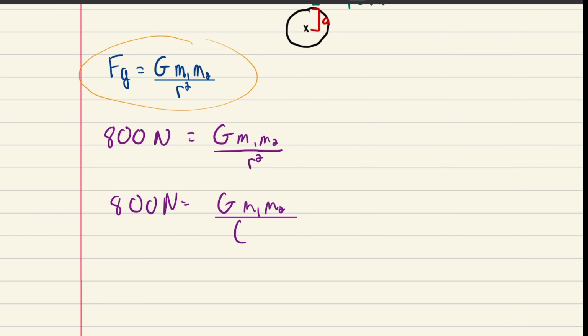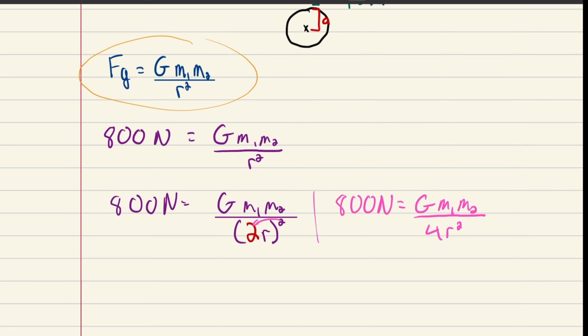So whatever the radius of the planet was, it's going to be 2r, and then squared. That's going to be significant because when we plug this in, 800 newtons is equal to G m1 m2, and if I expand the square, that gives us 4r squared.